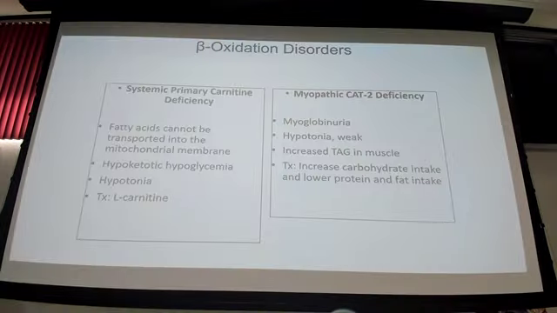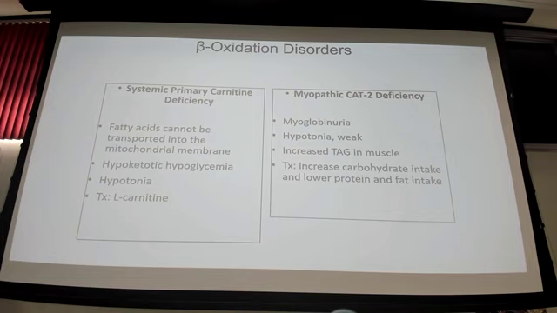So what that's going to lead to is increased triglycerides in the muscle because we can't break them down. That's going to cause our muscles to be weak because we're not getting any energy. We can't produce energy, hypotonia. And then it's also going to cause our muscles to break down, and then we'll see myoglobin, which is a protein in our muscles, that will break down and spill over into the urine.